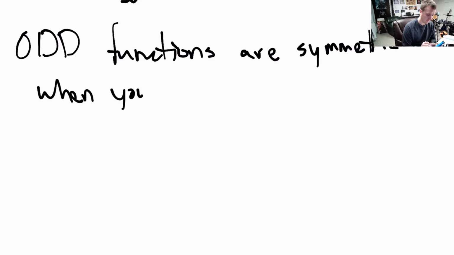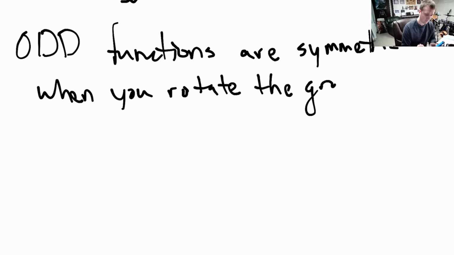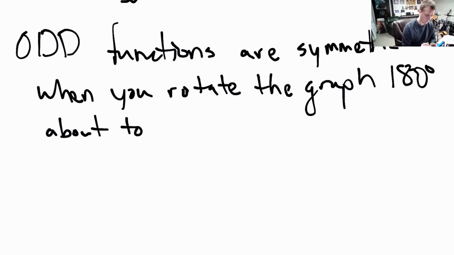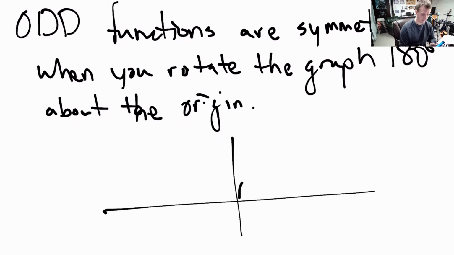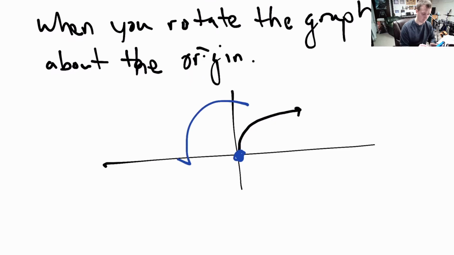When you rotate the graph 180 degrees about the origin, okay, so if I take this graph, I put a pin in the origin, and then I rotate everything around 180 degrees, I get this, I think.